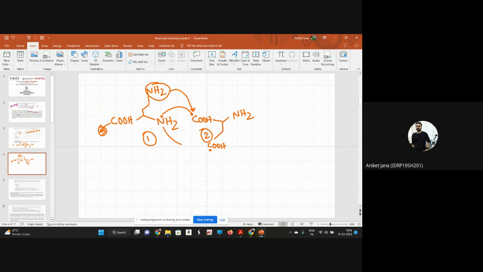So this NH2 can also couple with this COOH group. So a variety of reactions can take place. If we do the reaction in the free form, then a variety of products will be formed and our desired product will be in a very small amount.